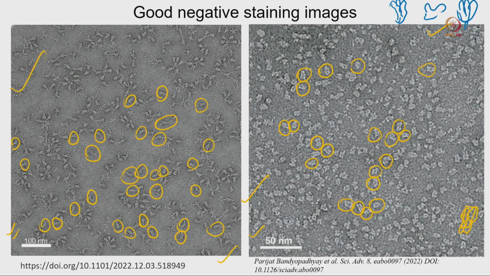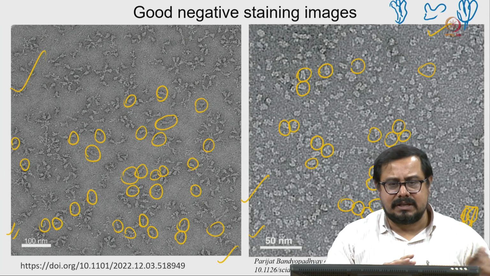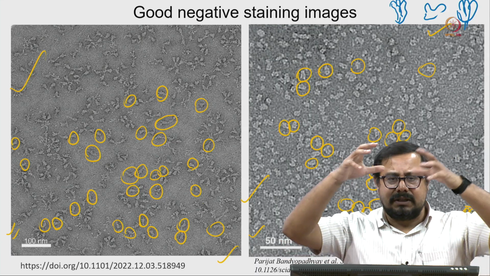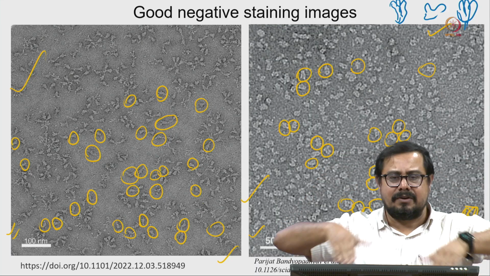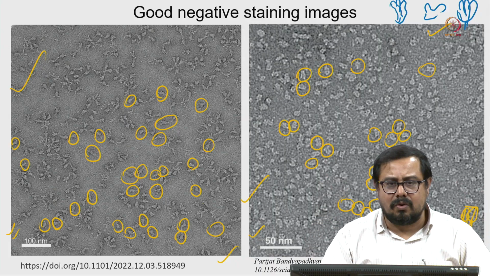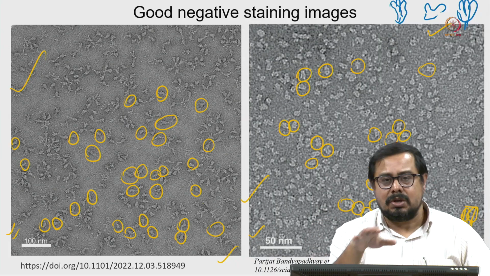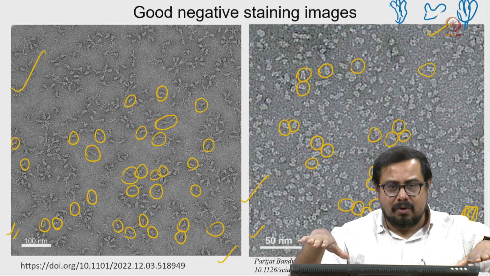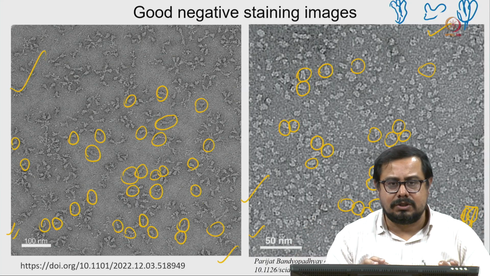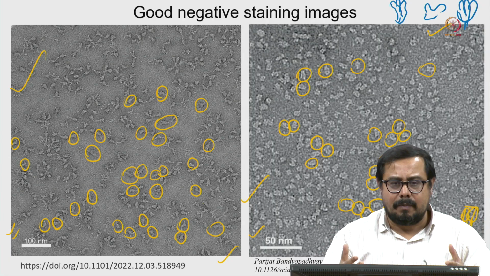That heavy metal stain will scatter the electron beam strongly, and the protein sample is mainly carbon, hydrogen, nitrogen, oxygen. These molecules can transmit the electron beam easily, and we get white molecules. So, in negative stain we will always get a black background and white protein molecules, and that is exactly opposite to what you get in cryo-electron microscopy.